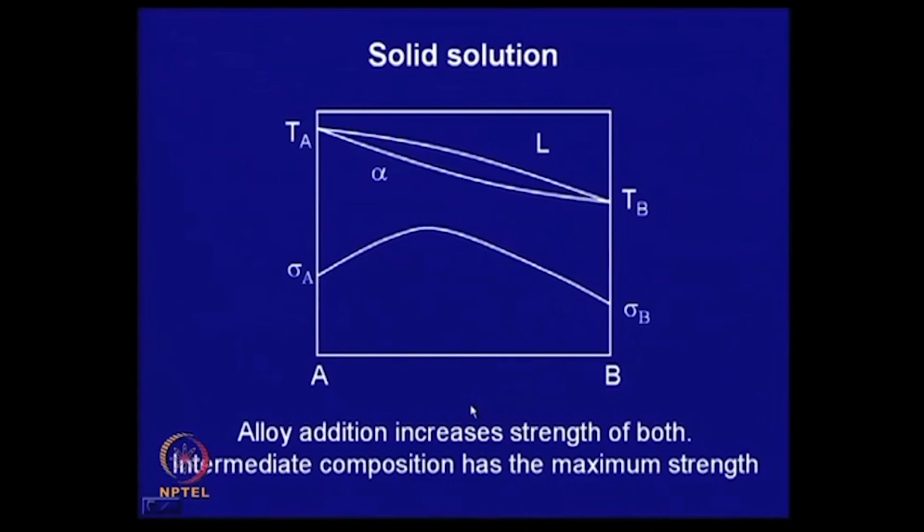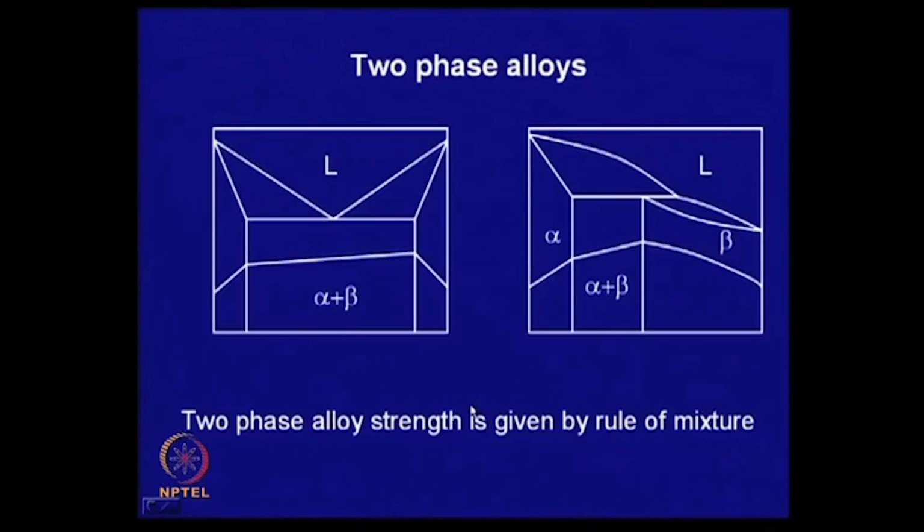Now, what happens if you have a two phase structure? Within the terminal region of that solid solution, both here and here, the strength will increase. So, this is the contribution of solid solution, and in between you have a mixture of two phases alpha and beta, and within this region the process of strengthening is something like a composite strengthening.